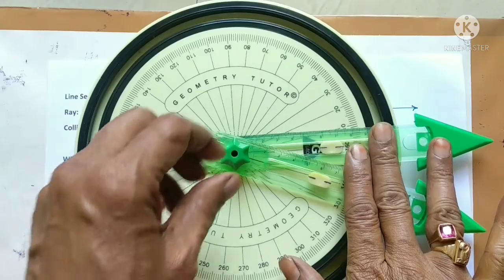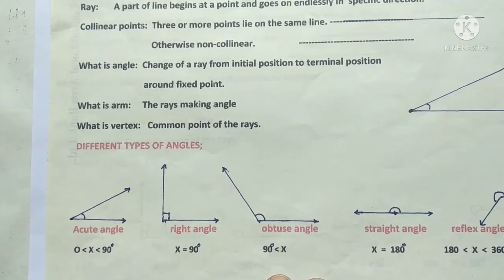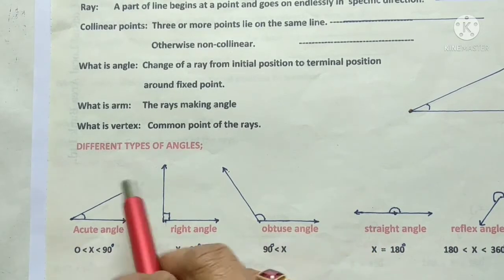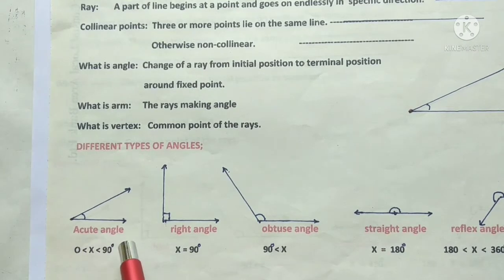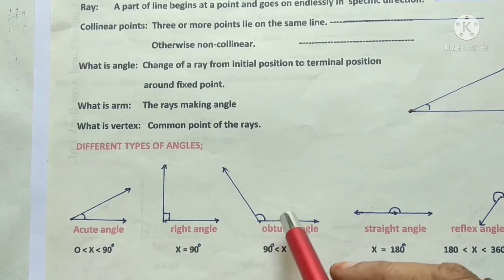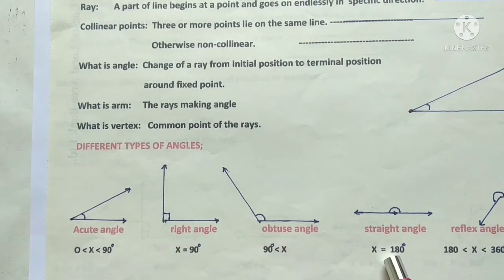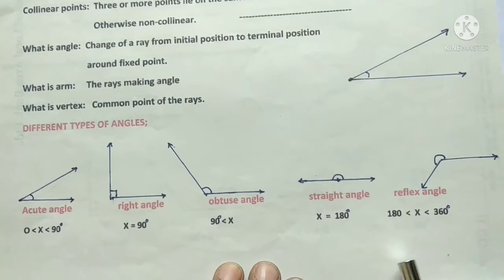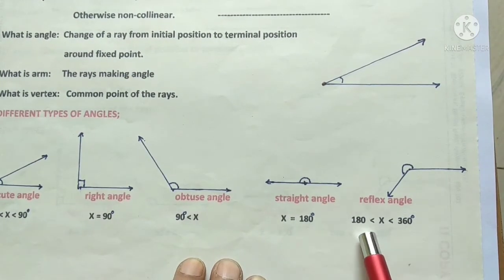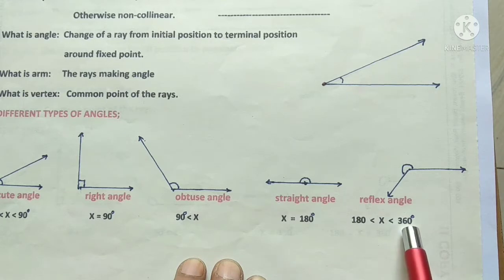I think you understood this. If you draw these things on paper, then the acute angle is less than 90 degrees, and right angle is 90 degrees, and obtuse angle is more than 90 degrees, and straight angle is 180 degrees, and reflex angle is more than 180 degrees but less than 360 degrees.